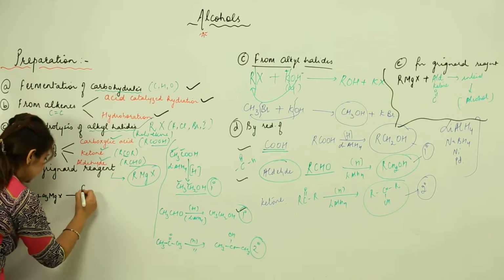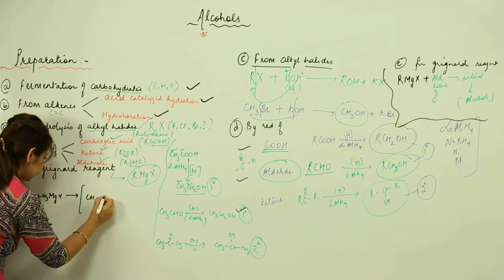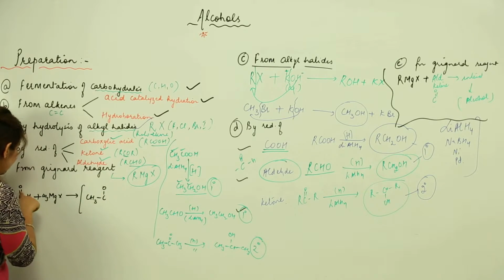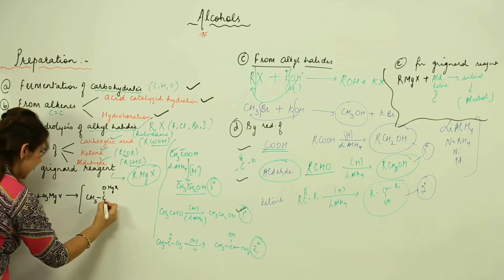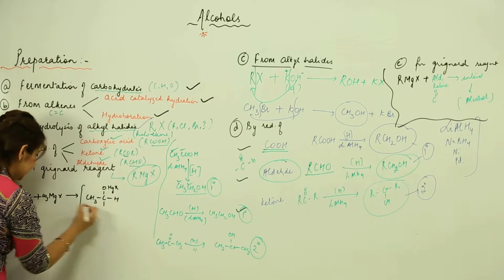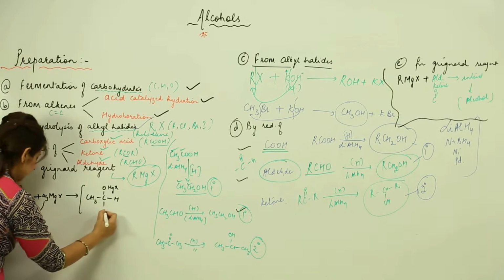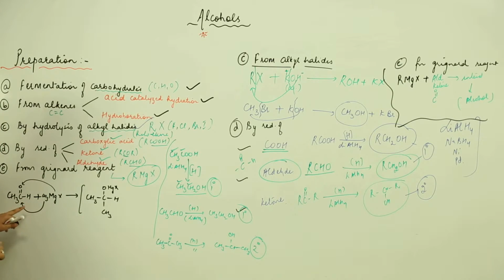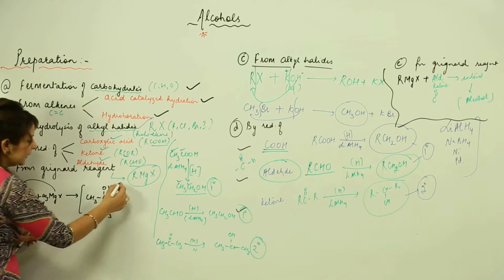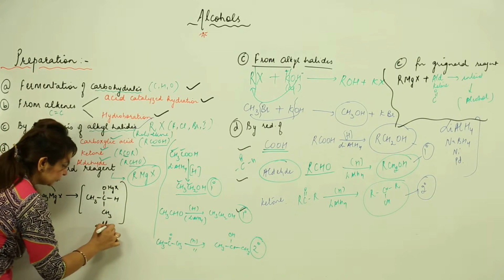What is the addition product actually? To this O, this MgX gets attached, this H remains as such, and here this R attaches. The attachment occurs in this way: to O, MgX gets attached and to C there is an attachment of R, the bond becomes single accordingly, and this is our adduct intermediate.